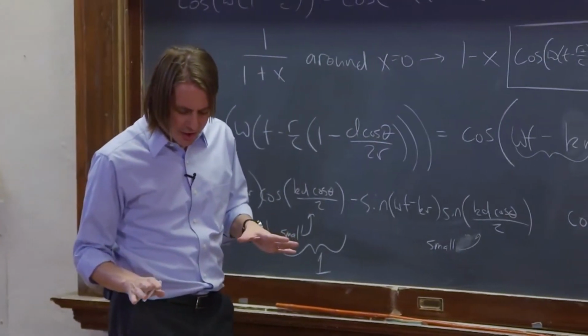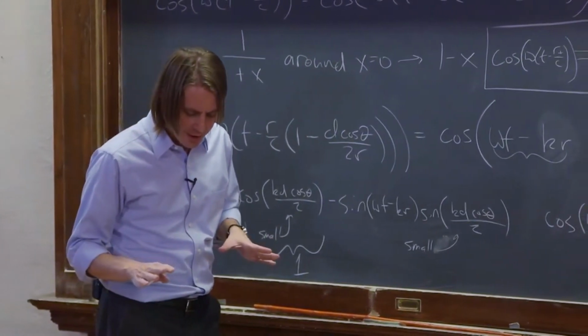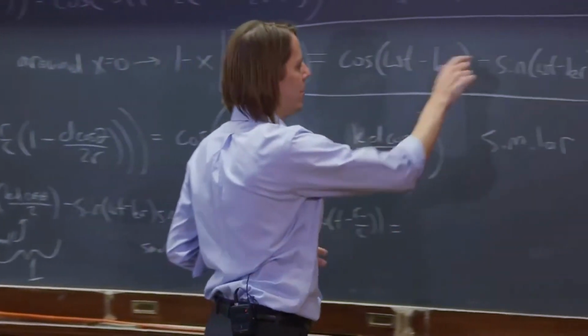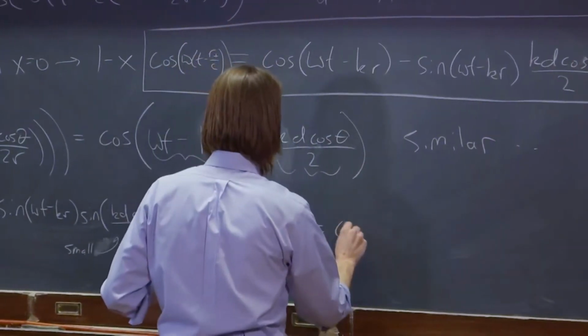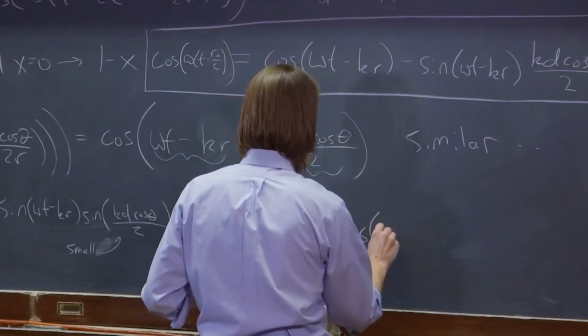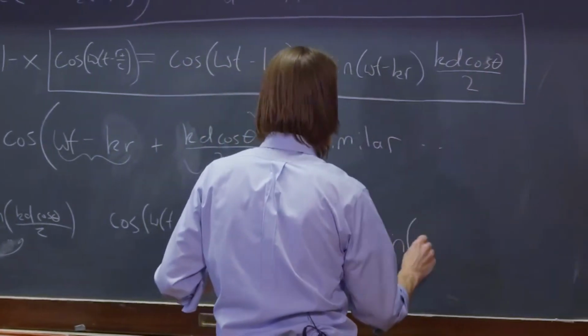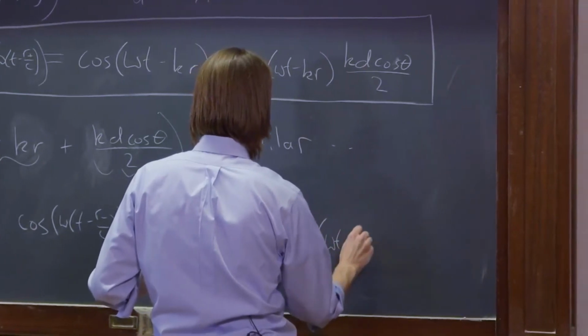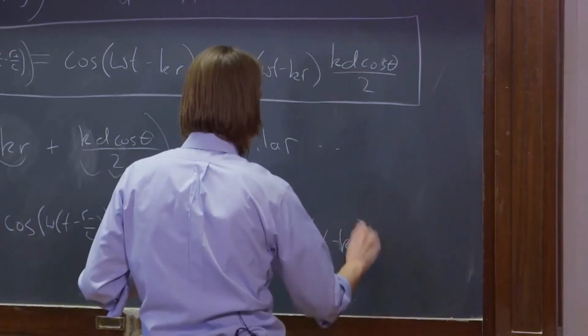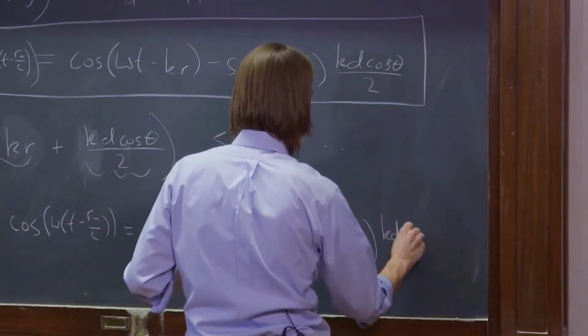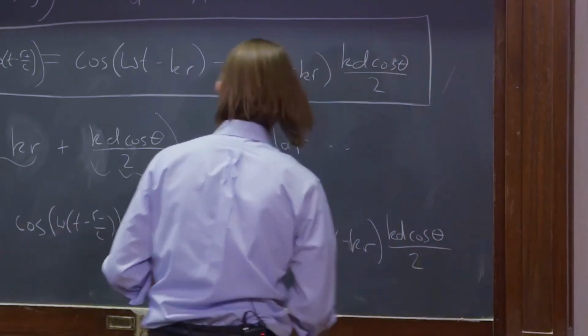The only thing that's going to change is one negative sign, and it is right here. This is going to become a plus. So it's going to be cosine of omega t minus kr plus sine of omega t minus kr times kd cosine theta over 2.